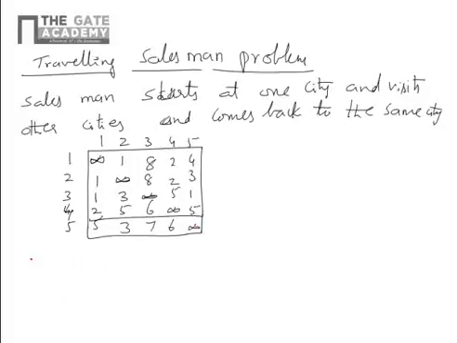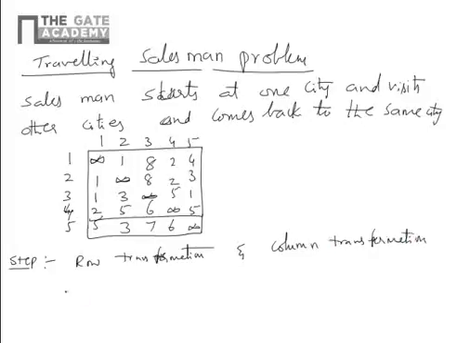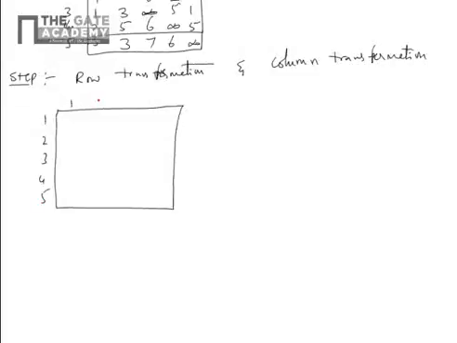So start with row transformation. Step 1, it is a square matrix, checked. Row transformation and column transformation, we do one step only. First row transformation: subtract the lowest value from all the values in each row.